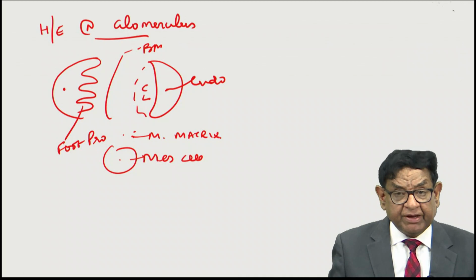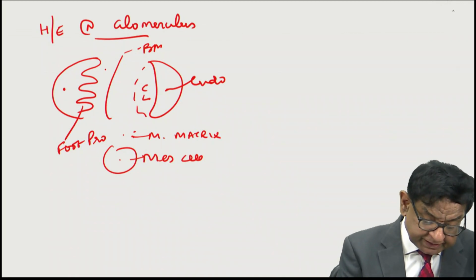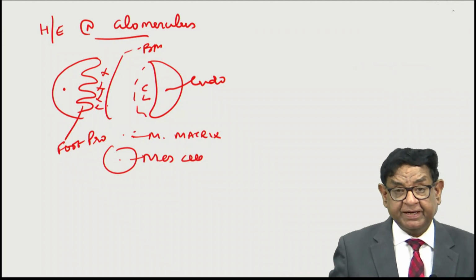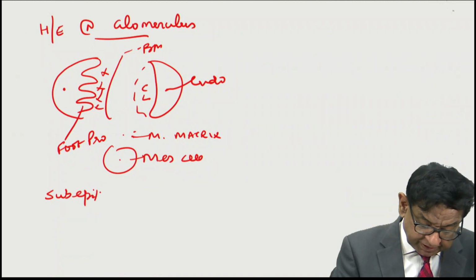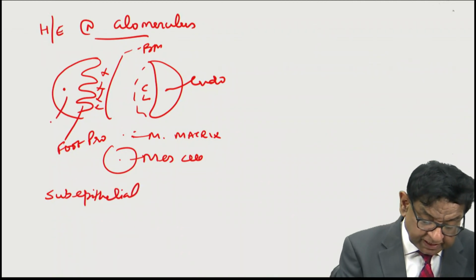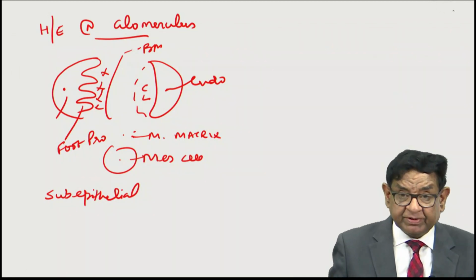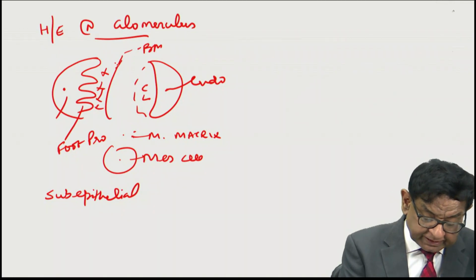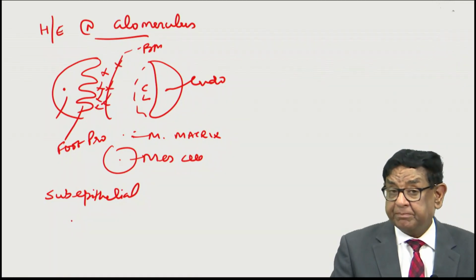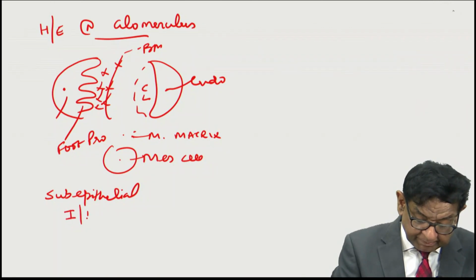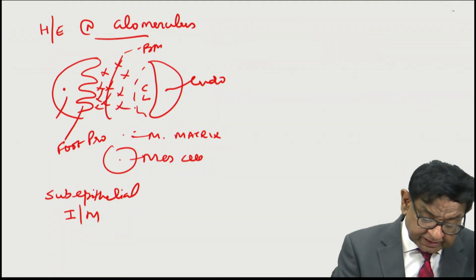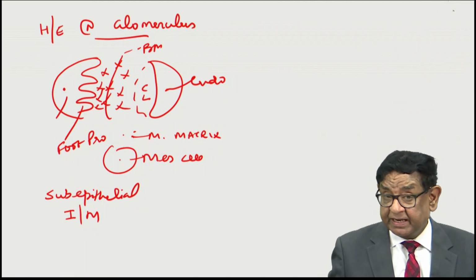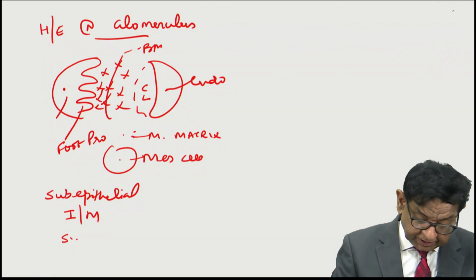Now, in post-streptococcal glomerulonephritis, antigen-antibody complex is deposited in the subepithelial area. Why subepithelial? Because this lies between the epithelium and the basement membrane. Now, this antigen-antibody complex also gets deposited in the membrane, that is the basement membrane, so intramembranous: intra, M for membranous. They are also deposited between the membrane and the endothelium. This is known as subendothelial.